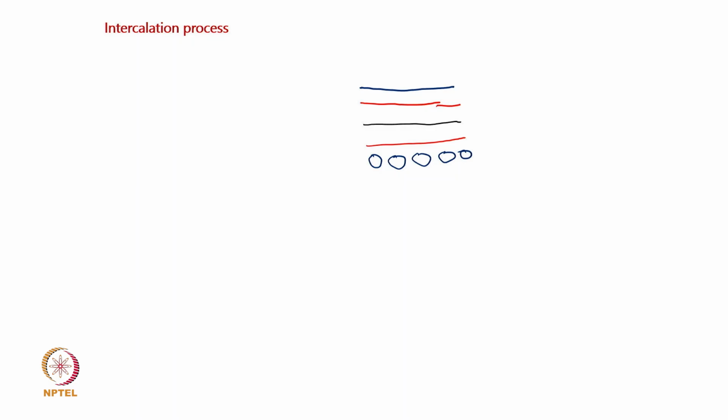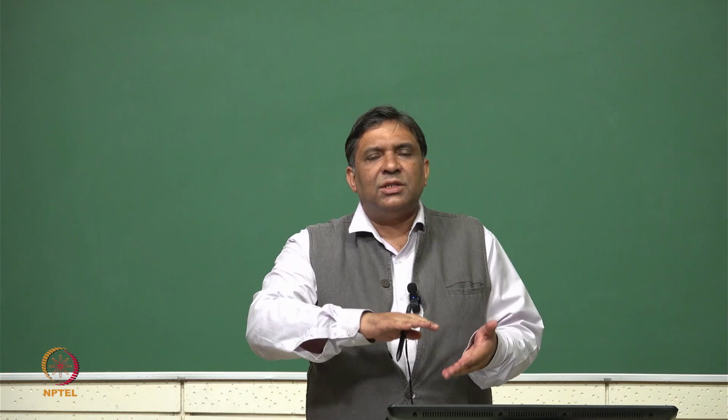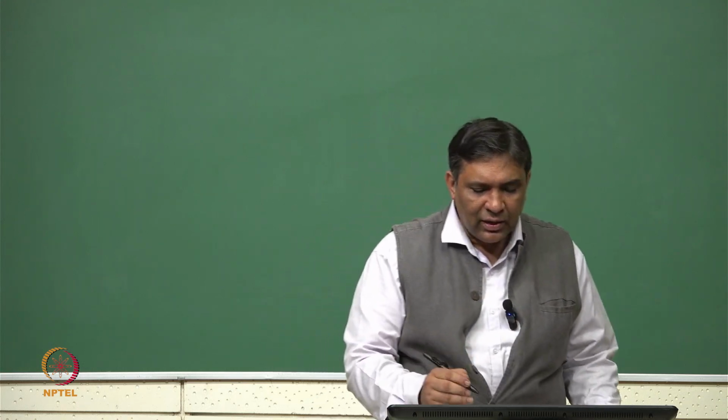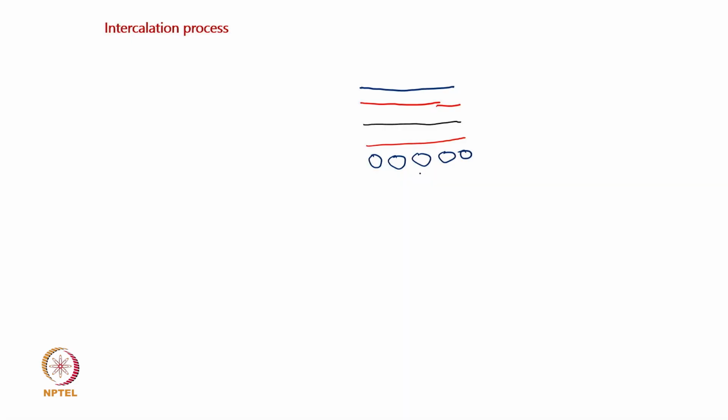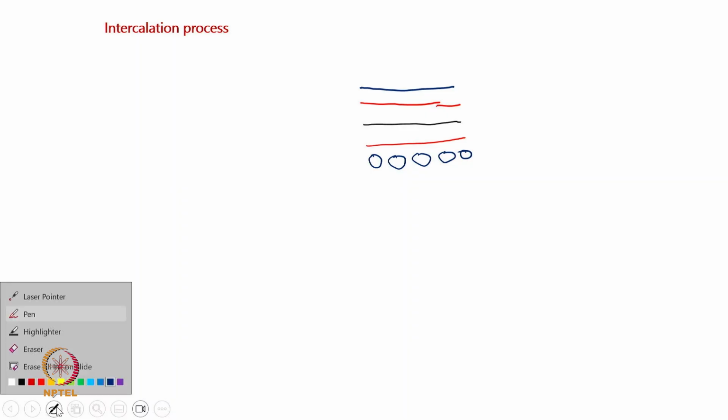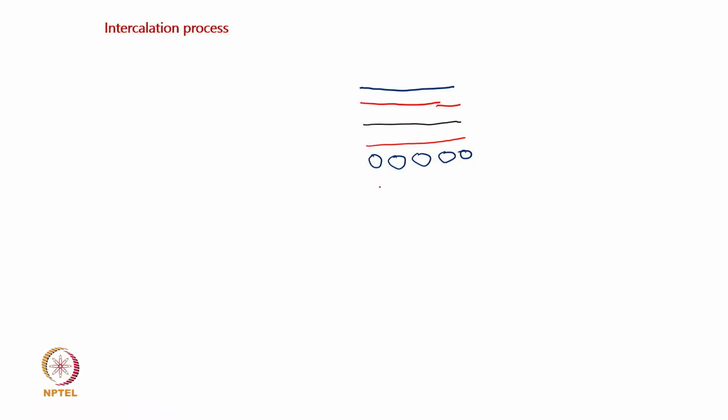Suppose you consider these as a layered structure, suppose it is a graphitic layer, and then you insert a lithium ion in that by the intercalation process, and then I finish this layer.